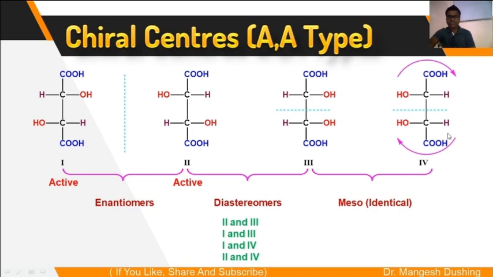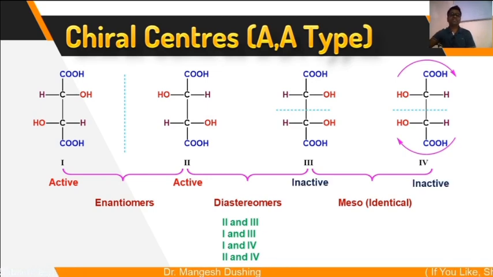If you rotate this molecule by 180 degrees and try to superimpose it, they become superimposable. It means that compound number 3 and compound number 4 are superimposable mirror images. The compounds which are superimposable mirror images are called identical compounds. So compound number 3 and compound number 4 are one and the same.